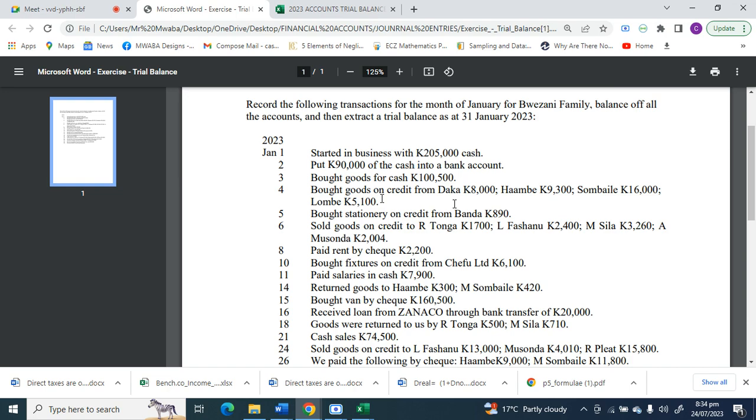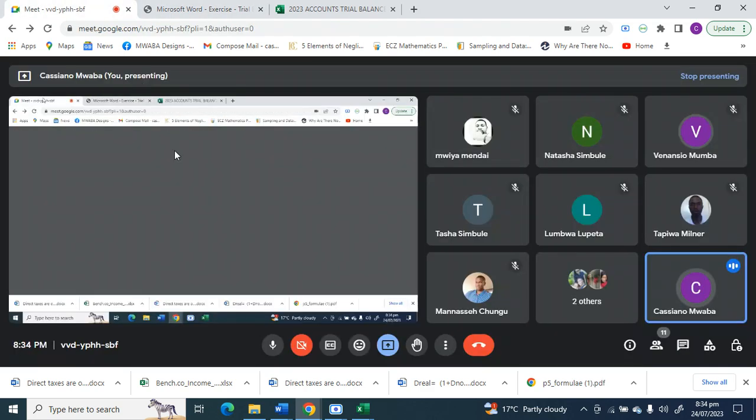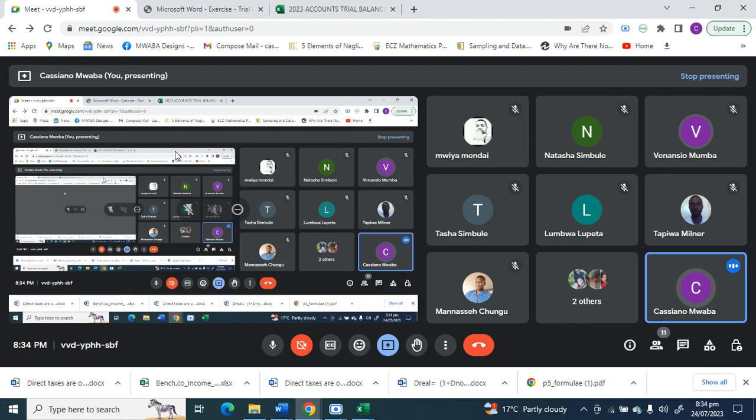If you understand control accounts well, then you can open control accounts for receivables and payables. Then you also have the other transactions which involve these people, and you have to know how to deal with them in there.